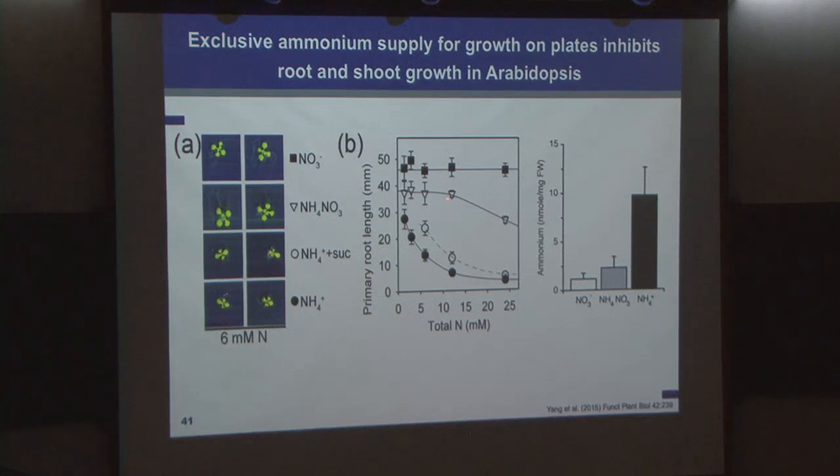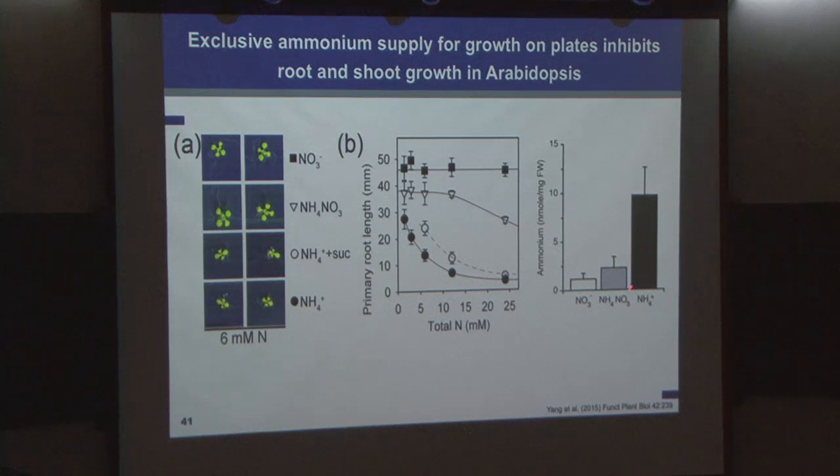We see with nitrate they were longest, with ammonium nitrate they were a little bit shorter, and then at higher concentrations of ammonium nitrate the primary root decreased. Yeah, and with ammonium, either with sugar or without sugar, the root growth was severely inhibited.